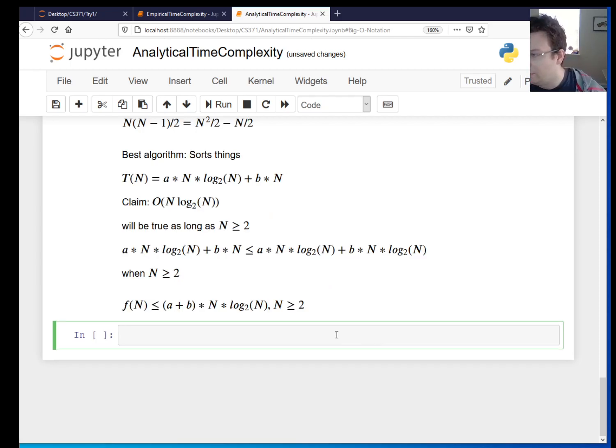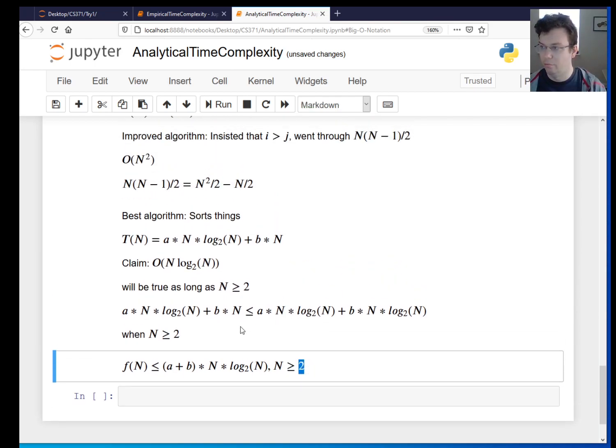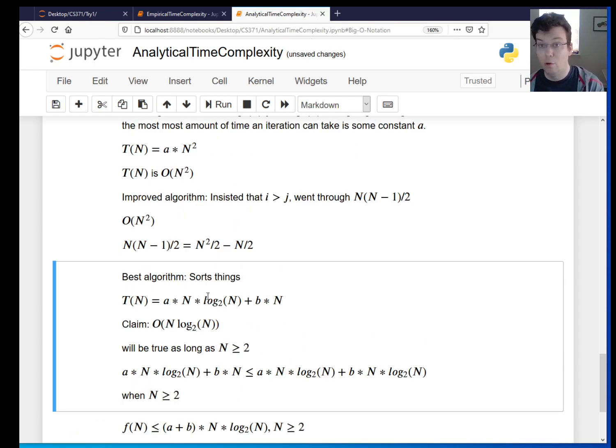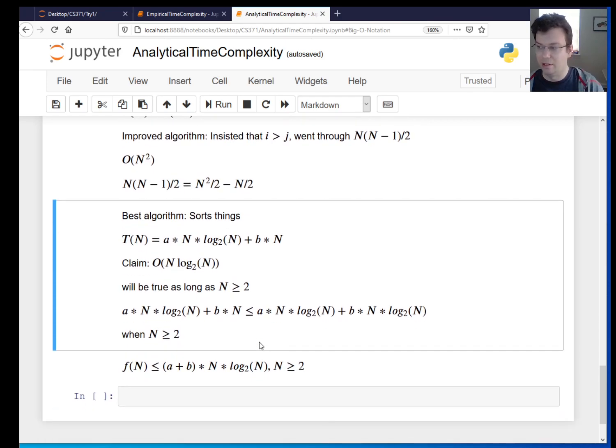So now I can see that I have my constant, which is a plus b, and then I have my n0, which is 2. So that proves that this running time is O of n log n. What you really see is the dominant operation here is n log n. So the dominant operation is sorting. It doesn't matter how long it takes me to loop through the list once I've sorted. In the sense of big O, the dominant term here is n log n.